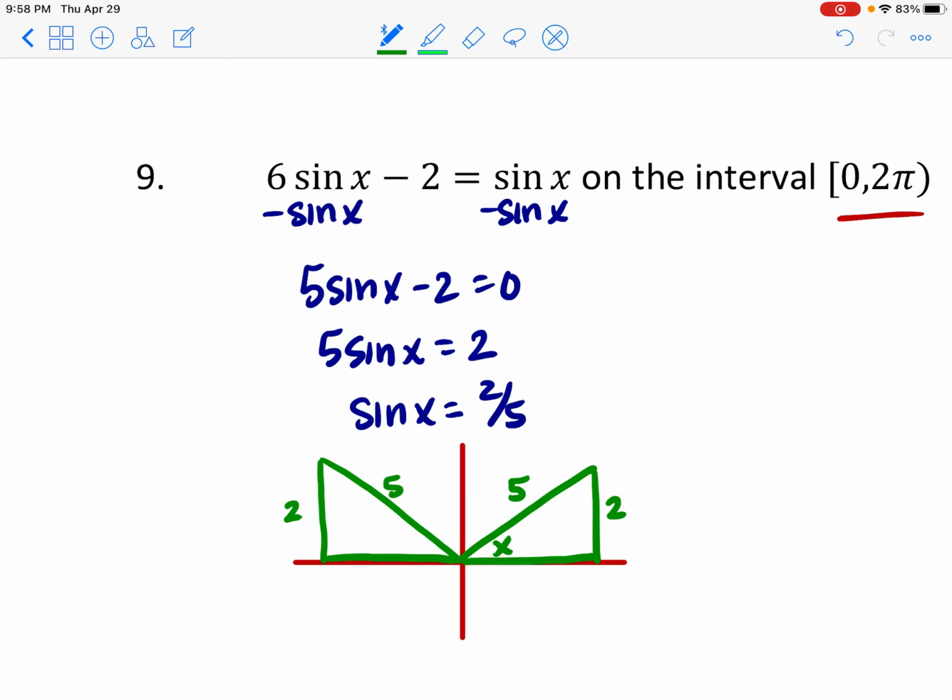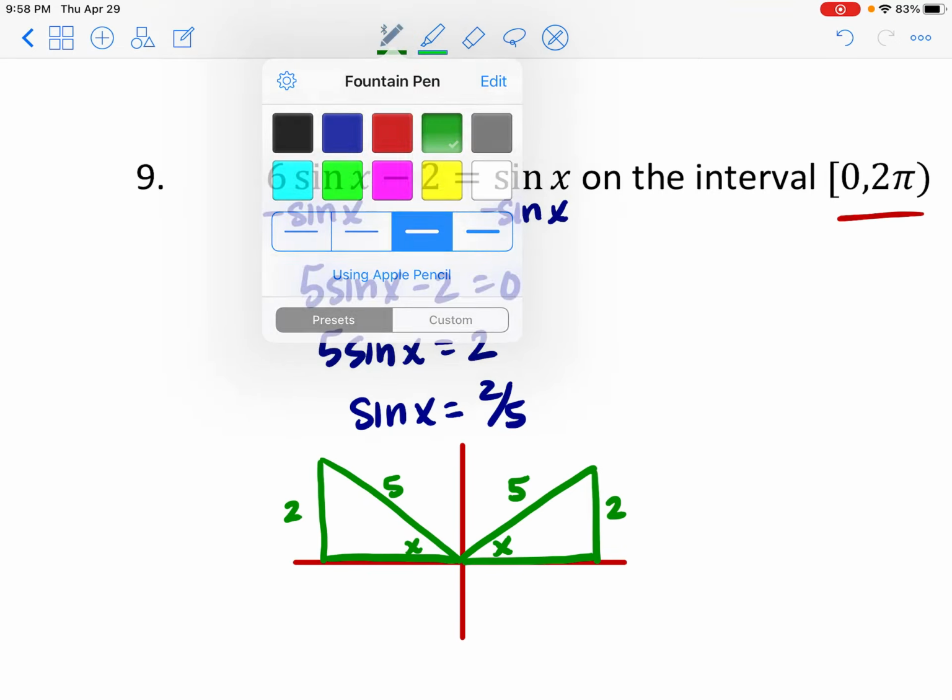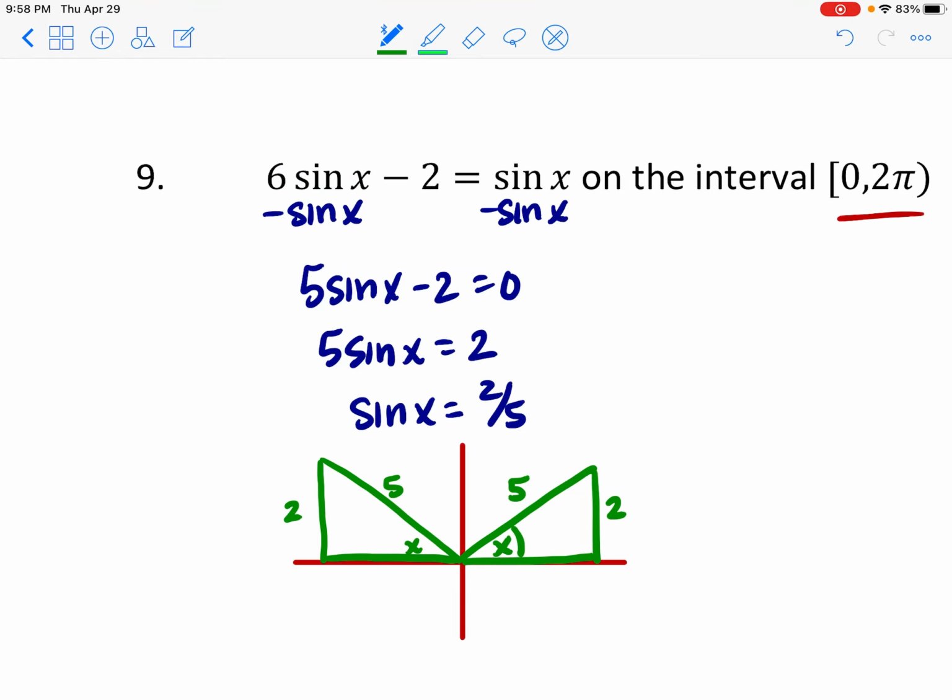So it's the same reference angle, but technically, what is the measure of the actual angle? This angle here is x, but this angle here is the same reference angle, but the entire angle here is how much? Well, 180 degrees would be the whole distance, right? So I actually have to take that 180 degrees or that pi and subtract out the x.